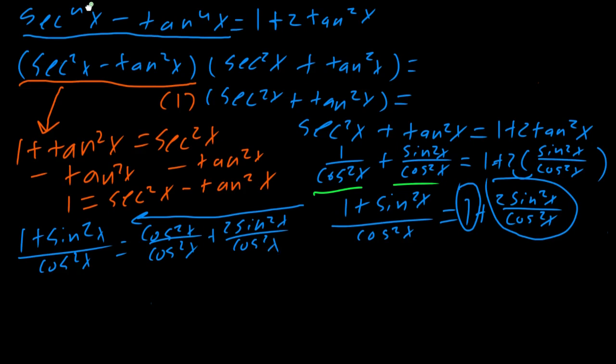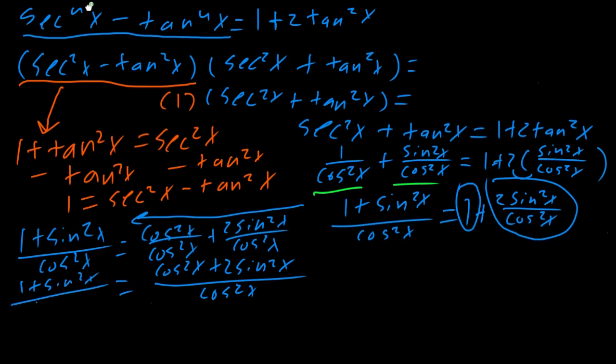Now we can condense it down into one term. So we have cosine squared of x plus 2 times sine squared of x over cosine squared of x. Let me write down the left side of the equation.